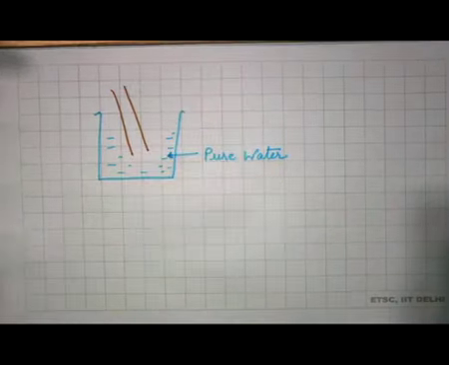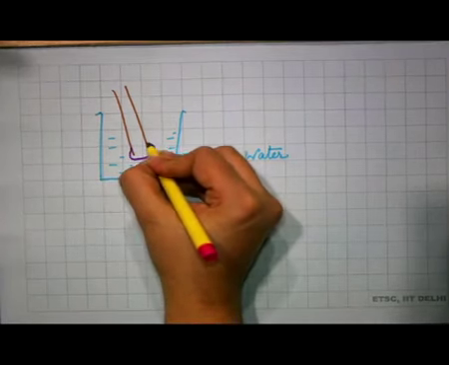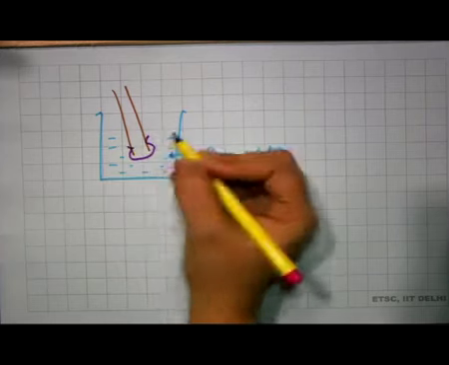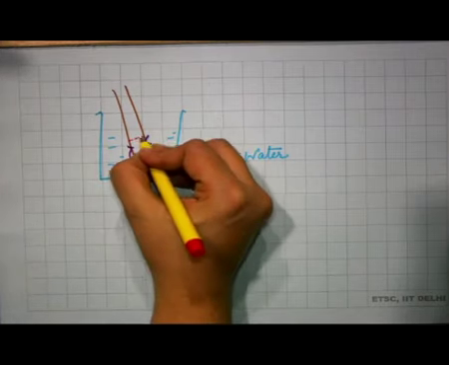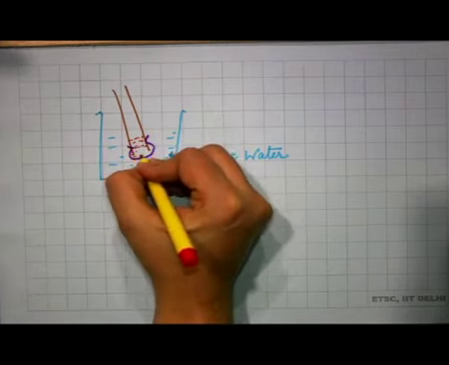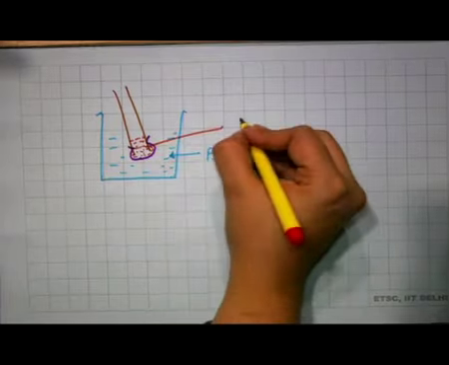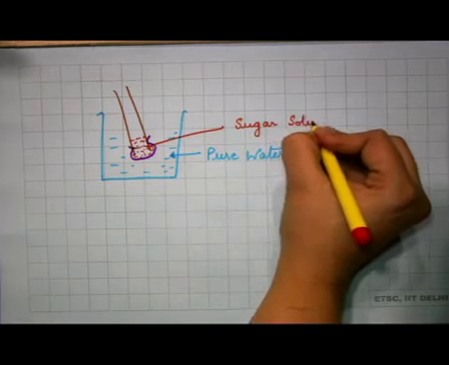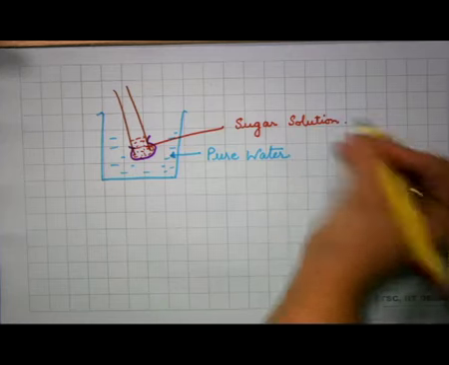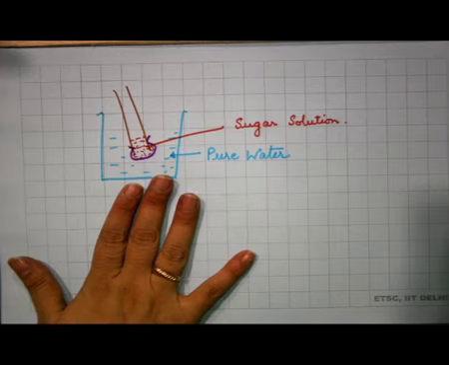On one end of the test tube was a semi-permeable membrane tied to it, and then we filled the test tube with a sugar solution, and we have kept this experimental setup for observation.